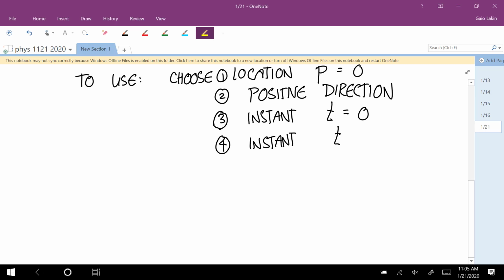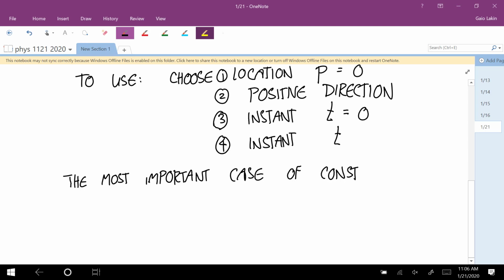But we haven't done the most important case of constant acceleration yet. So the most important case of constant acceleration is free fall.